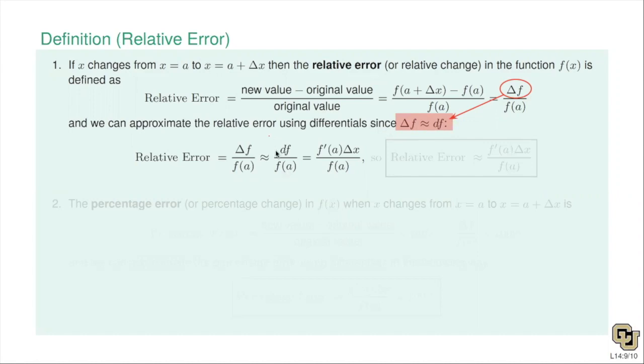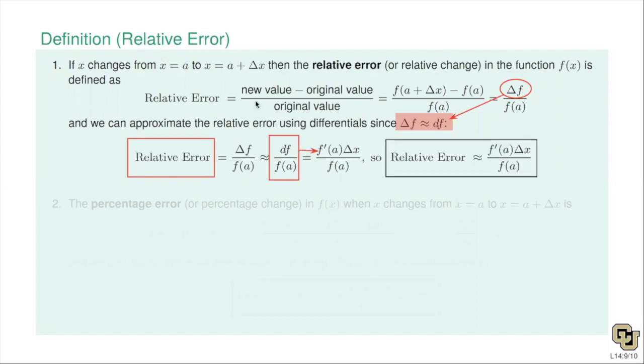This formula approximates delta f over f of a, the relative change or relative error. Then I plugged in the formula for the differential. So df by definition is f prime of a times delta x. When we put everything together, we come up with this approximation for the relative change.